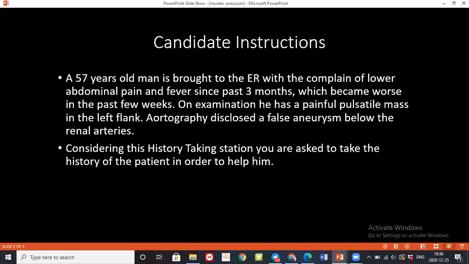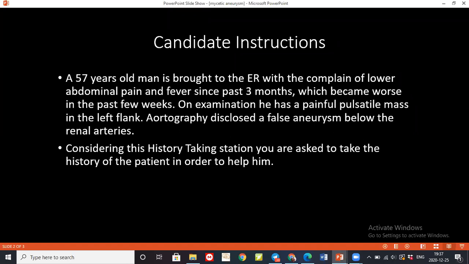The patient also has fever, so would you or would you not prescribe antibiotics for the patient? Yes, ma'am, I'm coming to that. As this patient is complaining of fever, I would put him on broad spectrum antibiotics covering gram positive, gram negative, anaerobic and aerobic organisms. After the patient is settled, the fever is gone and the infection is controlled, we can plan the surgery.